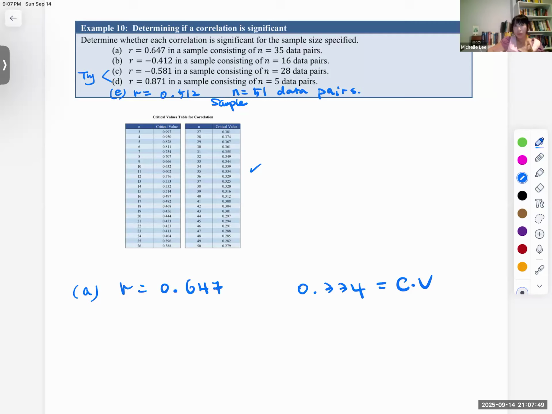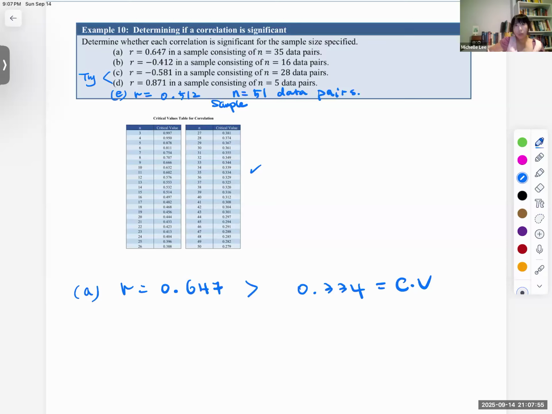Is the correlation greater than the critical value? Yes. Then we can say that there is statistical significance. The correlation is significant. Either way, we can say that. Thus, the correlation is significant.